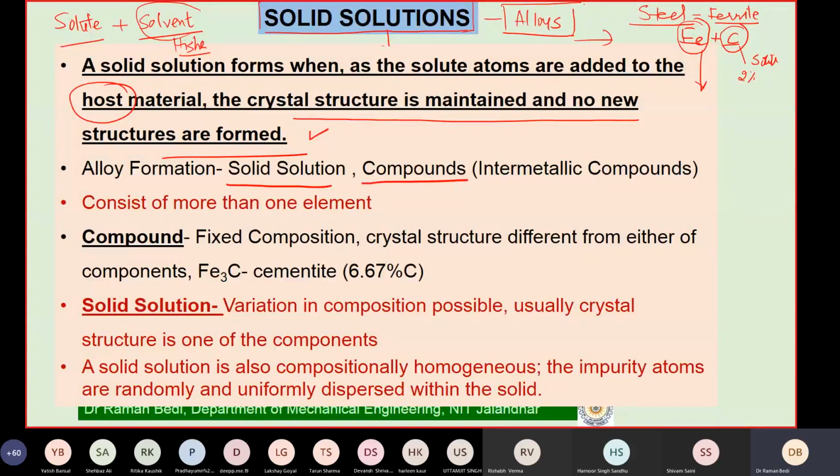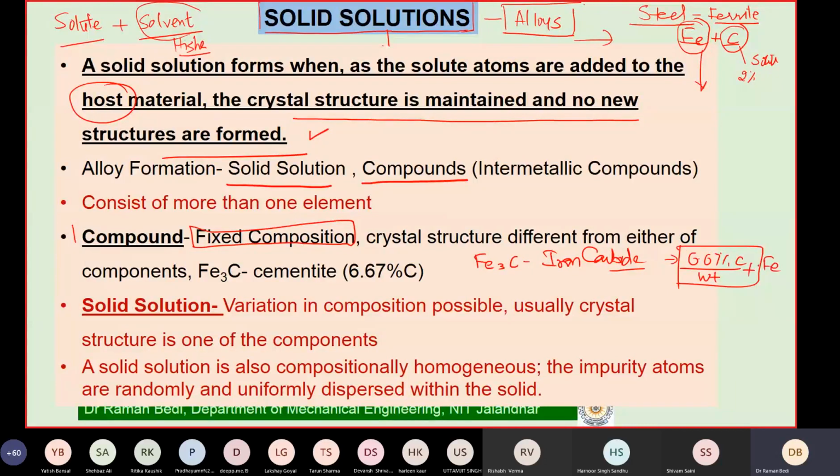When I talk about a compound, the difference is that the compound will exist at a fixed composition. A simple example of it is cementite, Fe3C, also known as iron carbide, which is formed when you have 6.67% of carbon by weight added into iron.